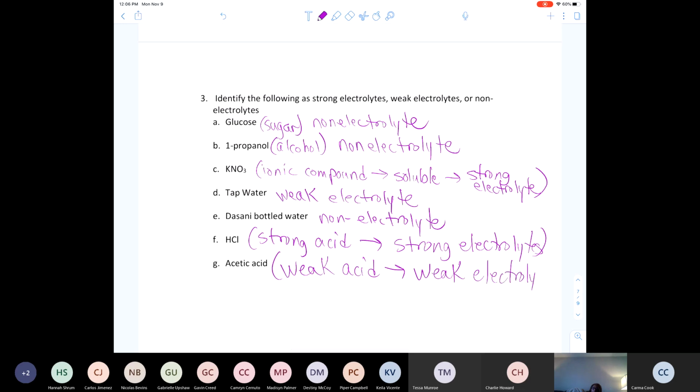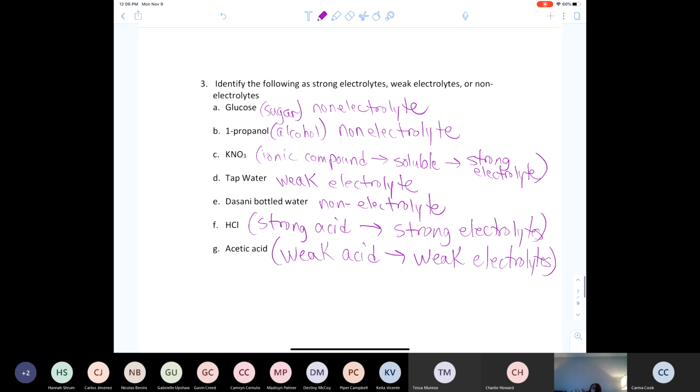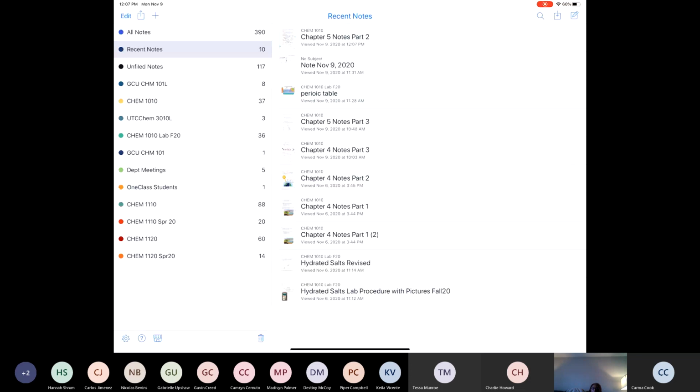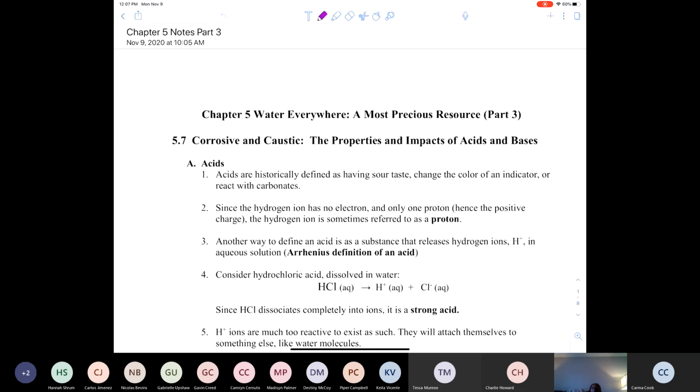And we're going to talk in great detail on Wednesday about strong acids, strong bases, weak acids, and weak bases. And acids and bases are the subject of our lab this week. So let's get a little introduction into acids and bases before we go for the day.